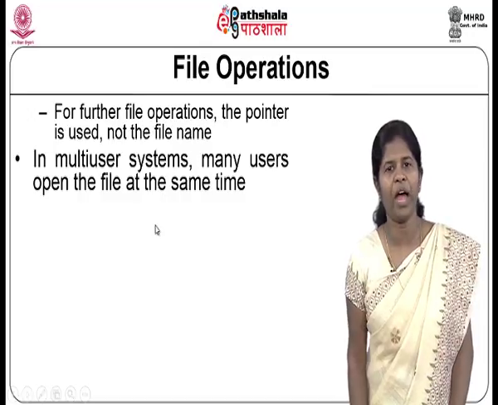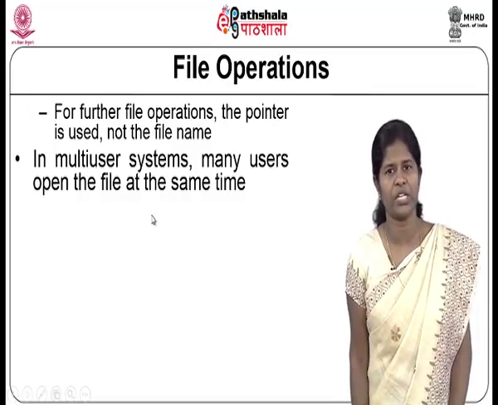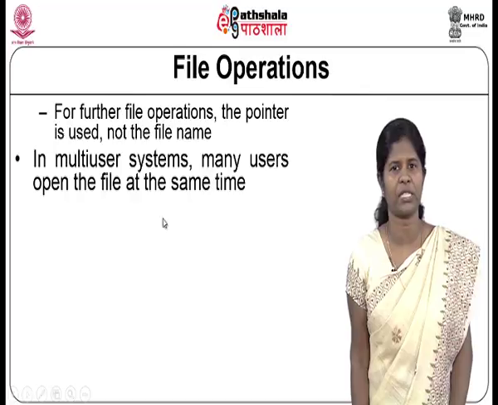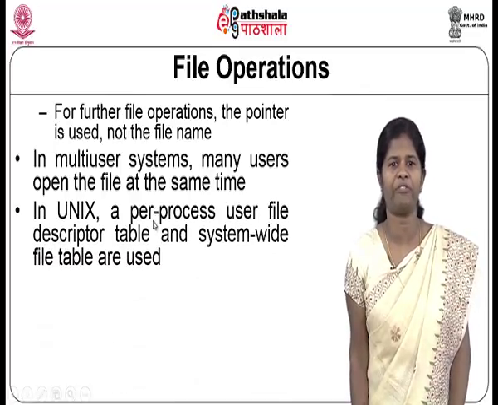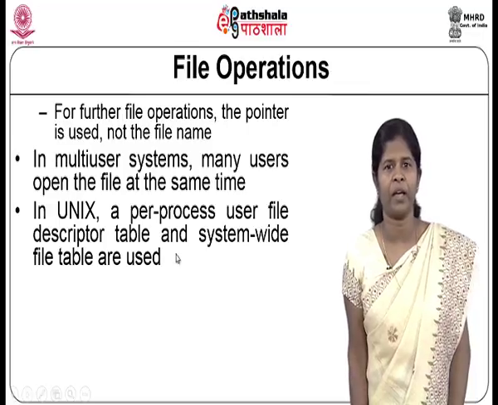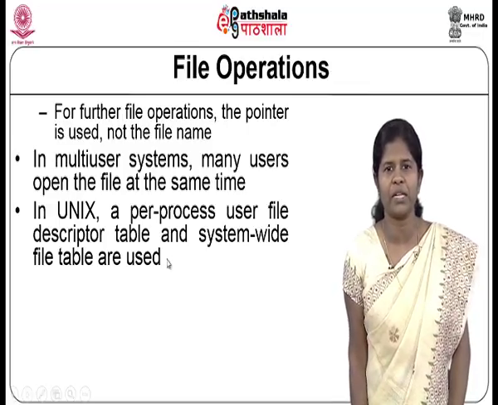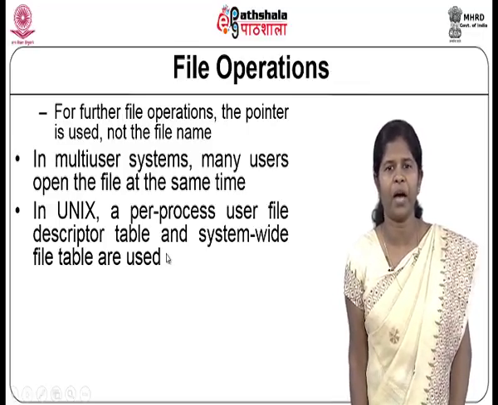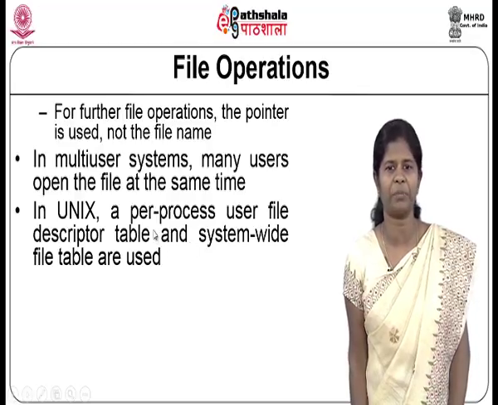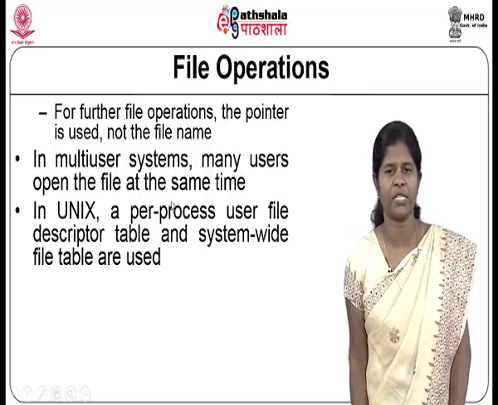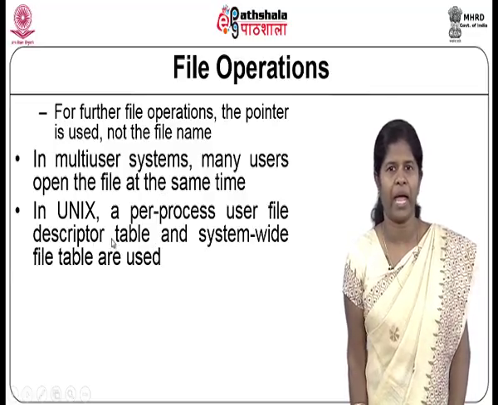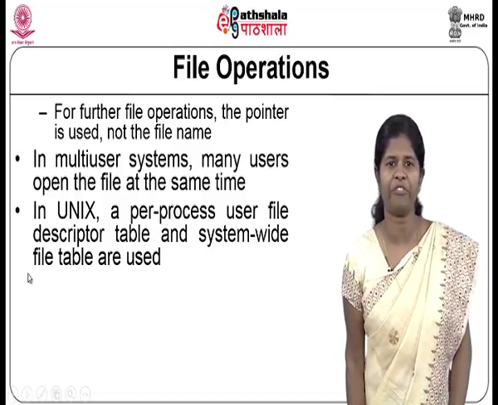And if you have multiple users that are using a particular system, then it is possible that many users can open the file at the same time. Say for example, in Unix, a per process user file descriptor table is maintained. That is, each process will have a user file descriptor table, and there is a system wide file table.